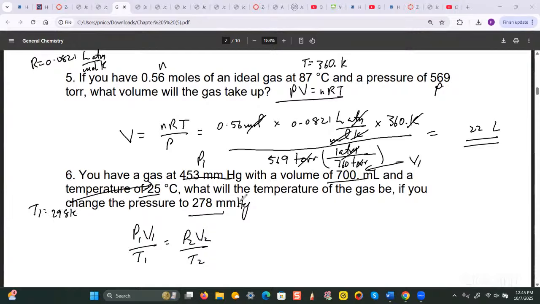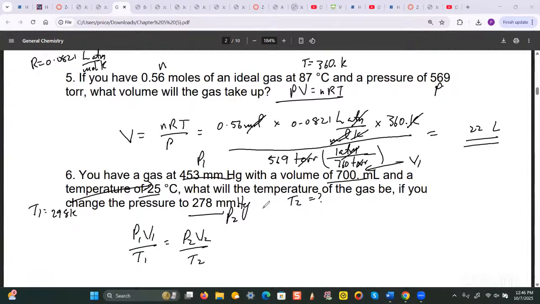Now the question is asking, what will the temperature be if you change the pressure to 278? So what the question is asking for is T2, and the second pressure, 278, would be P2. The initial pressure is P1, the final pressure is 278, which is P2.